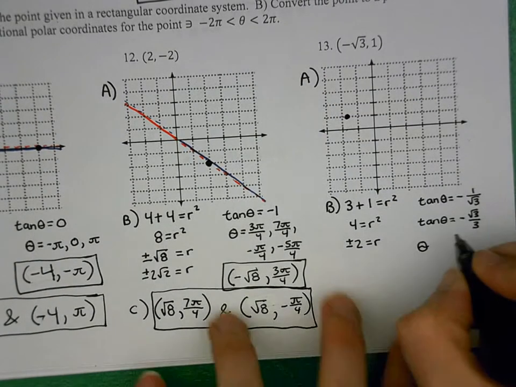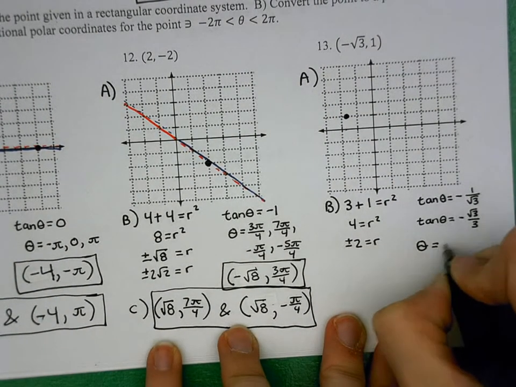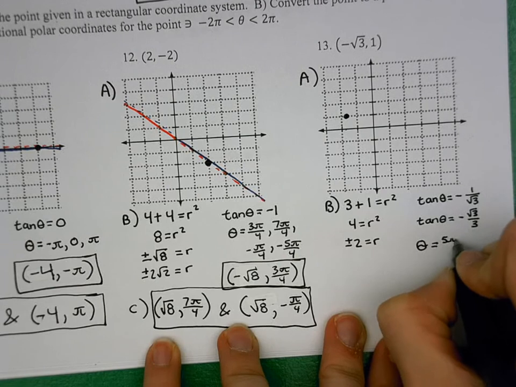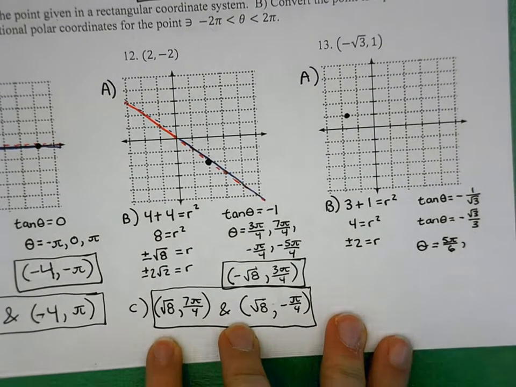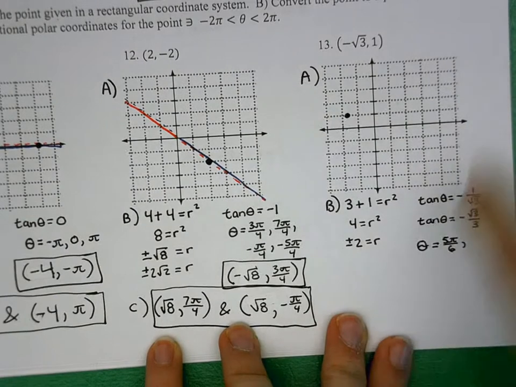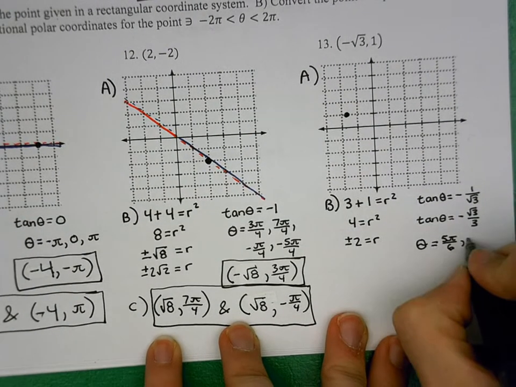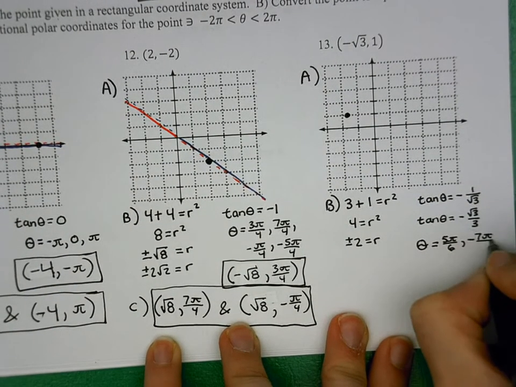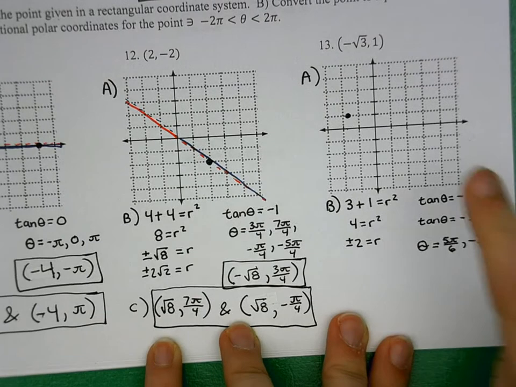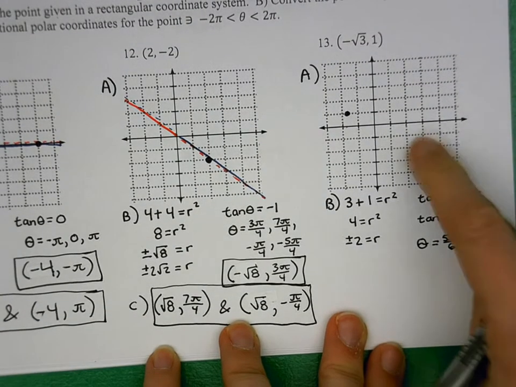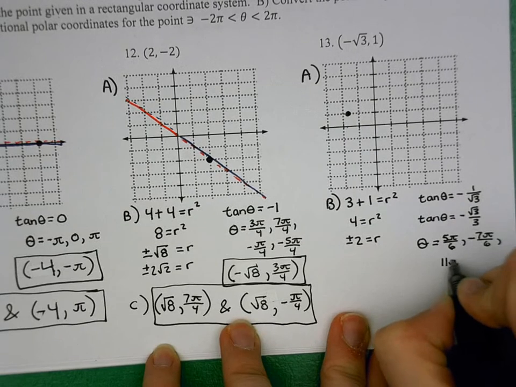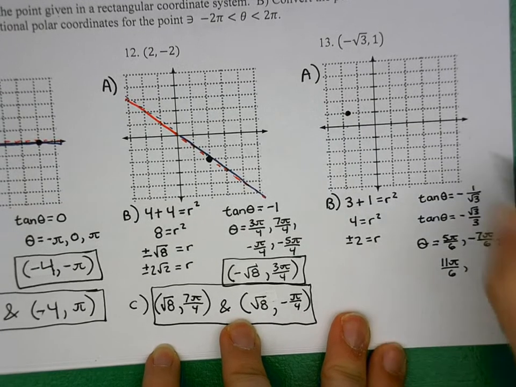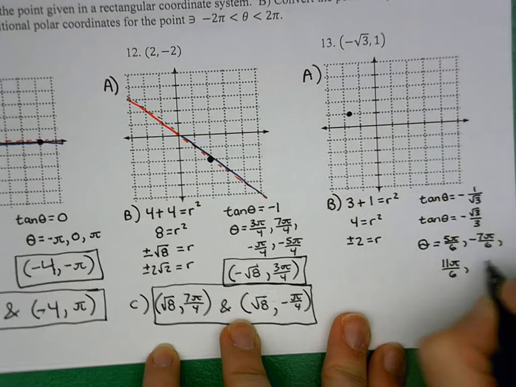Well, second would be 5 pi over 6, or its corresponding negative angle, if I went the opposite direction, subtracting 2 pi, negative 7 pi over 6. And then the fourth quadrant pi over 6 is 11 pi over 6, or its negative, which would be negative pi over 6, subtracting 2 pi from that.